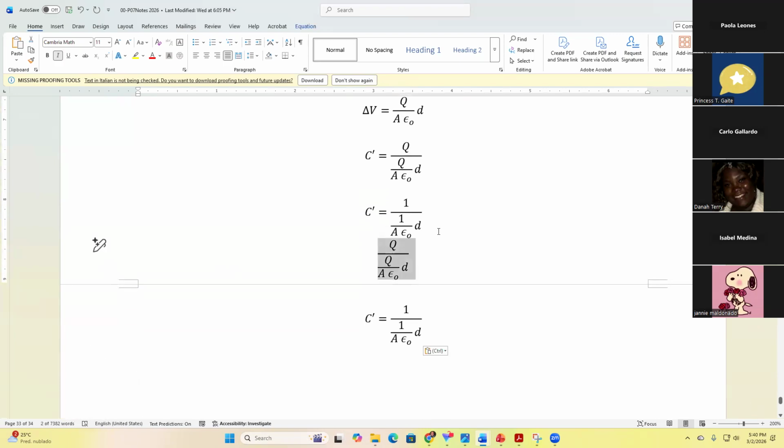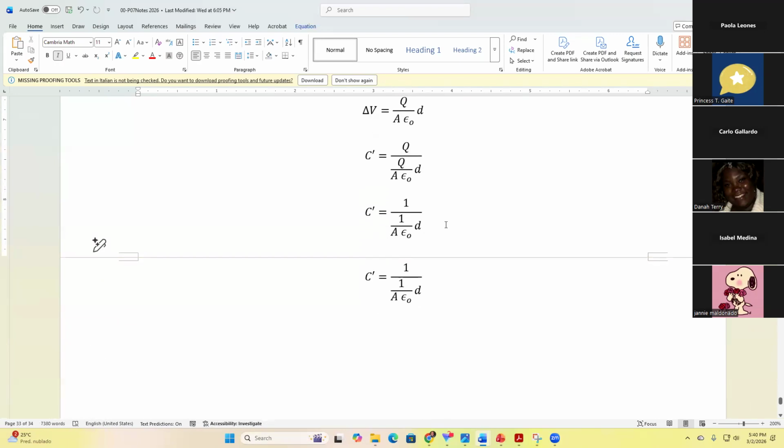Let's see what happened here. Okay, this guy here goes upstairs. We usually write this equation with an epsilon naught in front, like that.